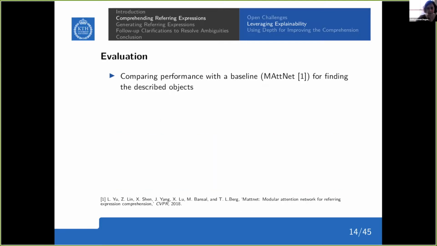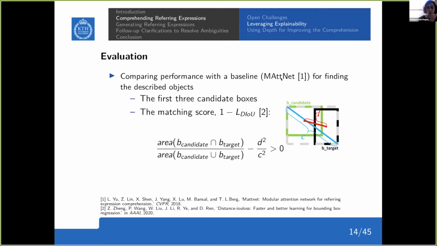To evaluate the results with these expressions, we compared our method with a state-of-the-art baseline. Firstly, we obtained the first 3 candidate boxes from the baseline method and also our method. And then we computed a matching score between these 3 candidates and the target object.